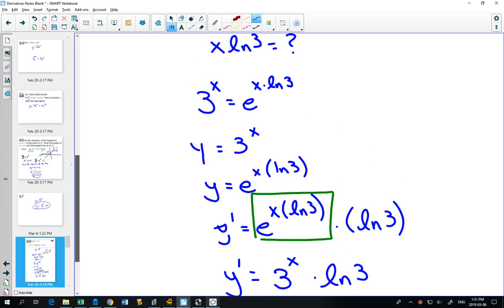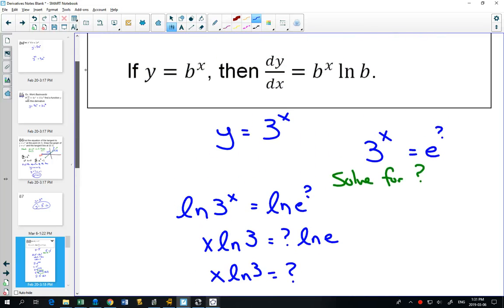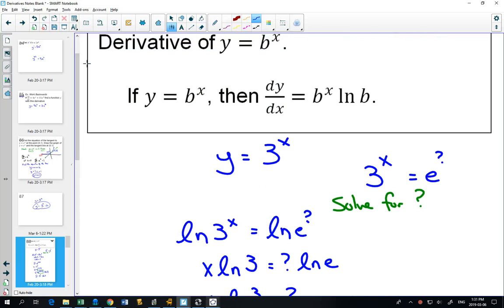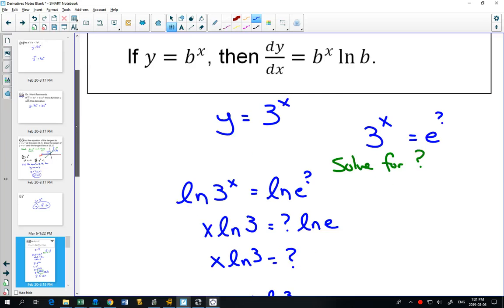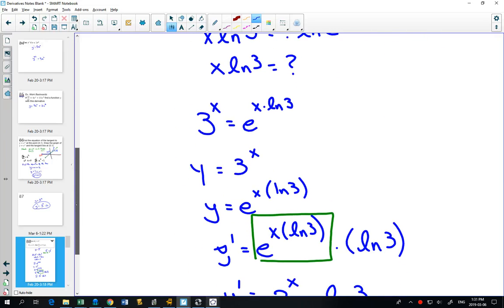According to our formula for anything b to the x, which could be 2 to the x, 5 to the x, 10 to the x, you will always have that natural log of that number afterwards. And this is a little explanation of why. Because we could rewrite any power as e to the something else.